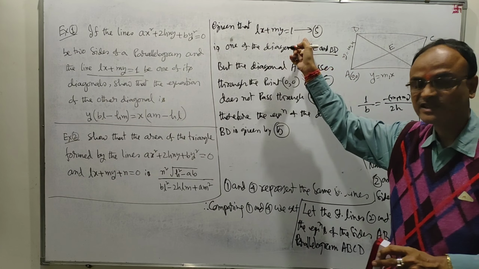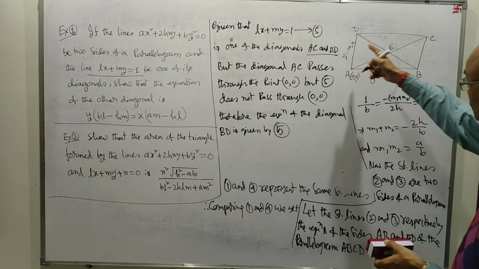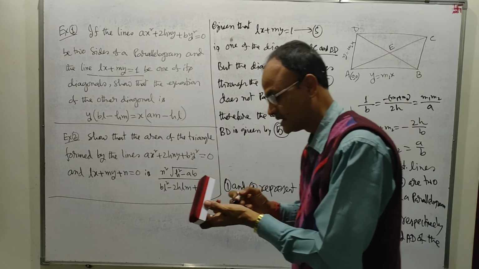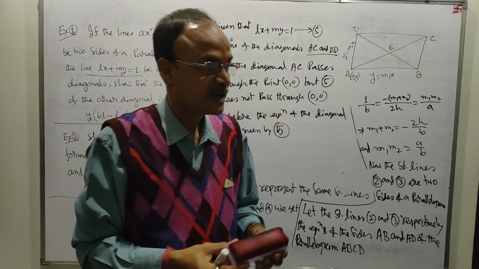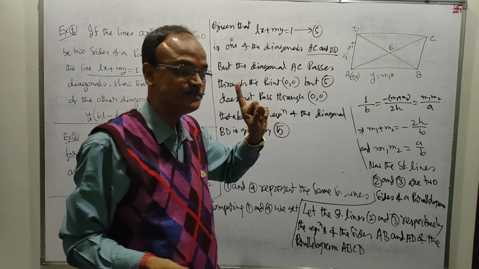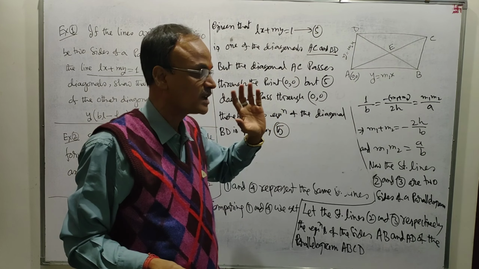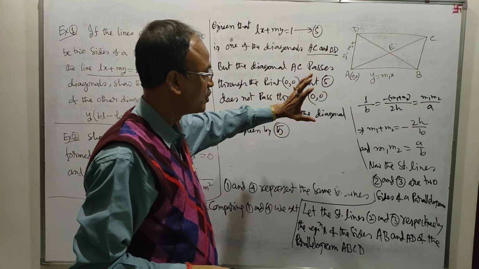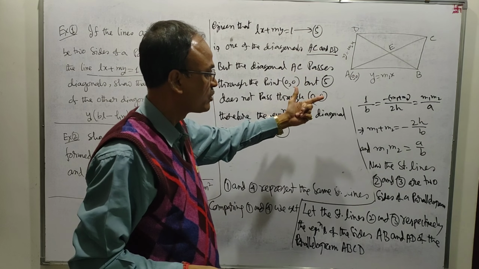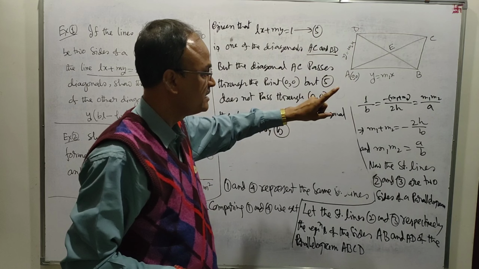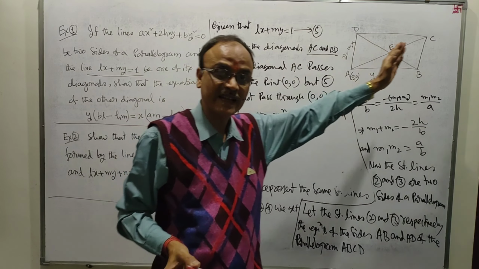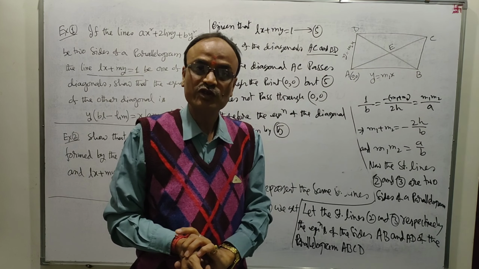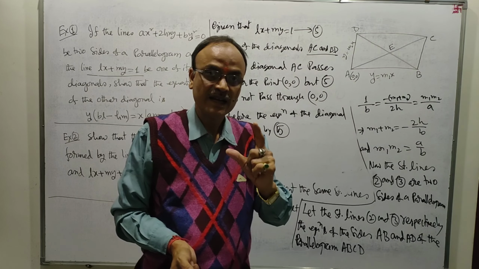Equation 5 represents the diagonal BD. You see, what we are going to do is find the equation of the diagonal AC.